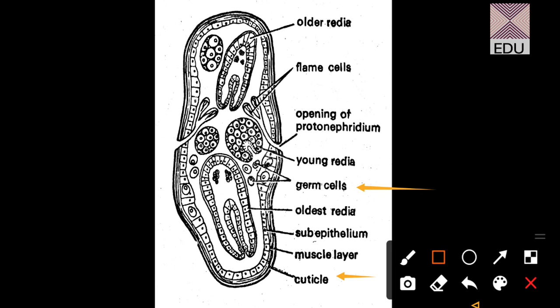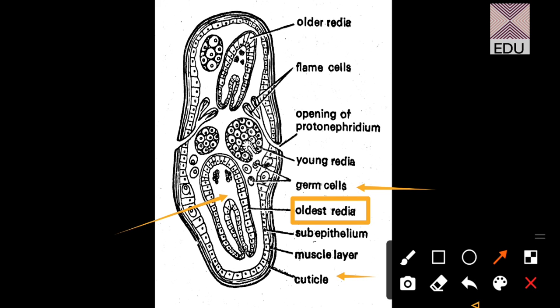You can see we have written oldest radia. That means this is the next larval stage formed inside the body of the sporocyst. So this is a sporocyst larva which has radia larvae inside it. A single sporocyst larva can give rise to 5 to 8 radia larvae.